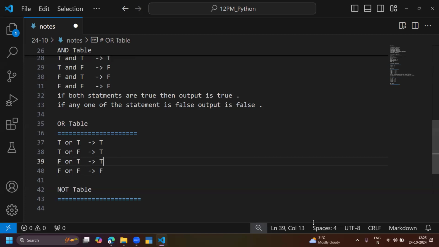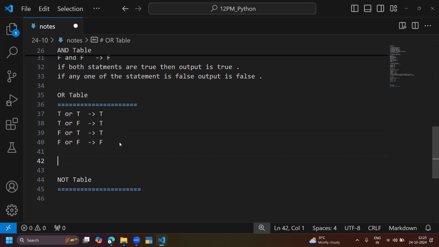If any one of the statements is true, in both statements, automatically the final output is also true. So the final rule is: if any one of the statements is true, the output is true.